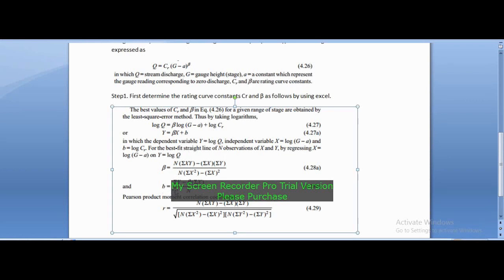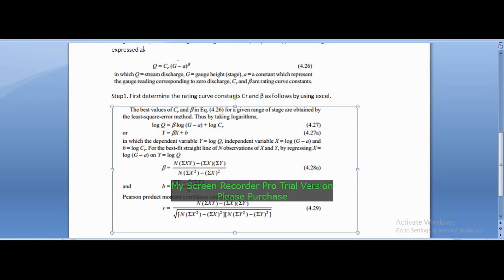And B is equal to the summation of Y minus beta times the summation of X, over n, where n is the number of samples or number of records. After determining beta and B, we can determine CR, because CR is the anti-logarithm of B.